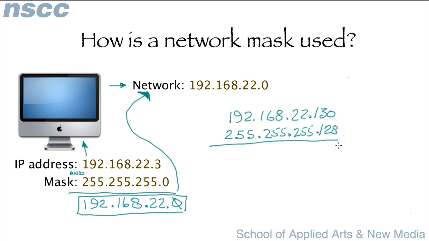Now when it's not obvious, when we don't have 255 or 0, it's not obvious how these two are going to get ANDed together. We often can't do that right in our head. So we have to take these two numbers and convert them to binary. So yes, we can get the result here, 192.168.22.0. 128.22, but in this part, we'll take 130 and we'll convert that to binary.